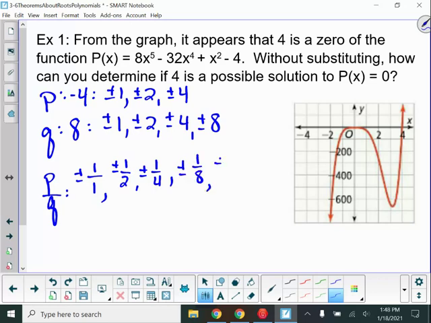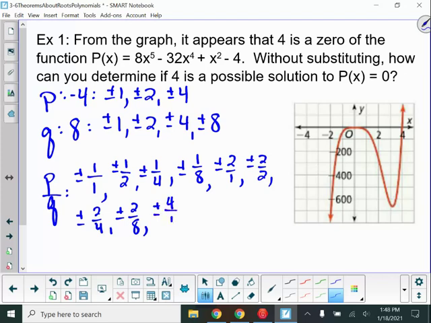Then I move on to the 2. So I have 2 over 1, 2 over 2, which is actually a repeat, so that would be the same as 1 over 1. 2 over 4, which is also a repeat of 1/2, and then 2 over 8.